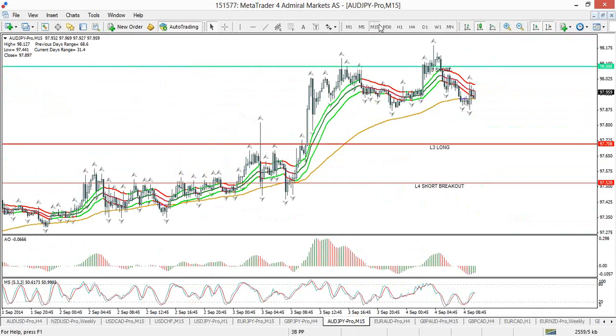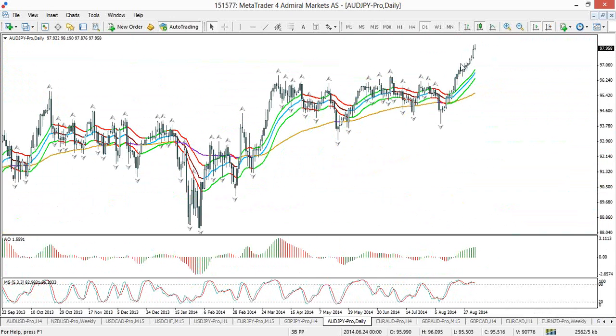This is the Aussie yen. So the bullish mode, after breaking out of the ascending, maybe ascending triangle, otherwise just a normal contracting triangle or range.